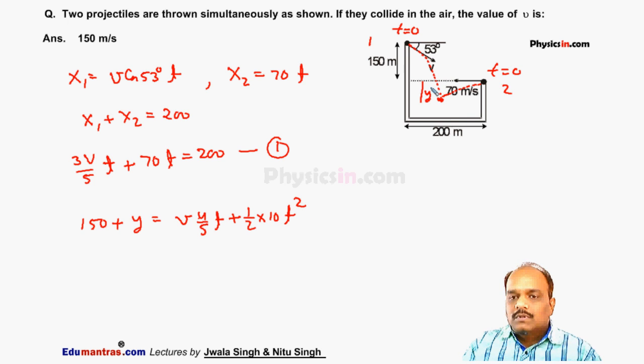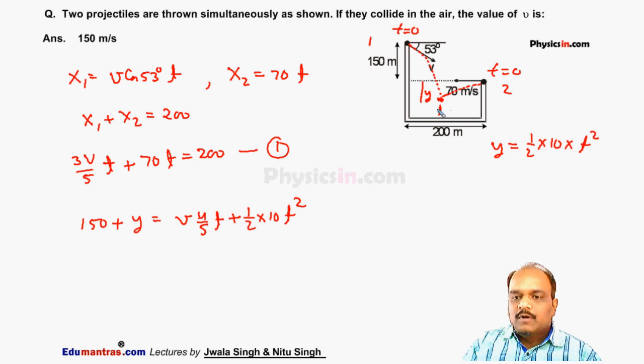Now we also know the value of y is same for the second particle. So for the second particle we can say y is 1 by 2 into g, meaning 10, into t square. So if they are colliding, the time of impact must be same. The time of flight for the first and second particle is same.